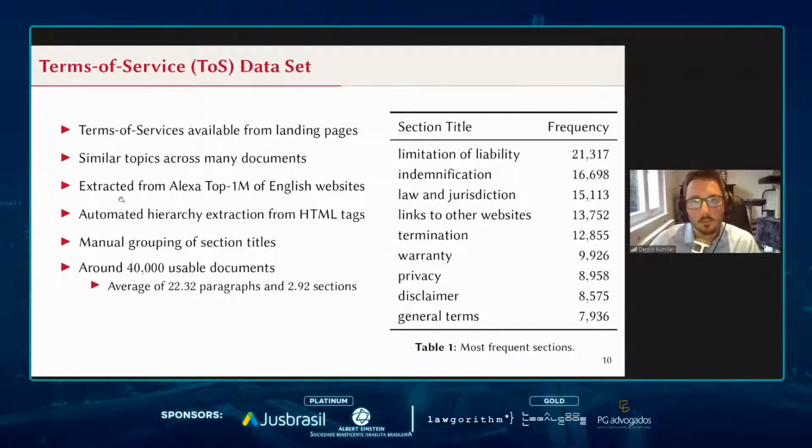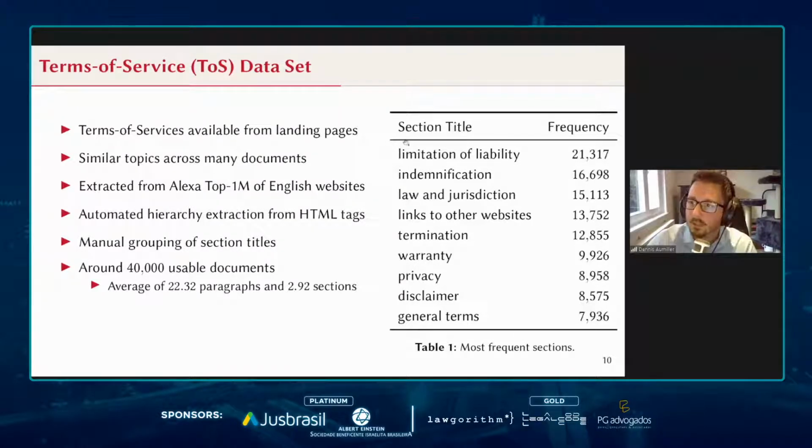But there are many more because we extracted overall around 40,000 documents based on this Alexa top 1 million list of English websites, from which we then automatically extracted the hierarchical information that was available in their terms of services, which includes linking different paragraphs to a specific section. The one manual annotation that we had to do for our random paragraph sampling is the mentioned cross-document normalization.